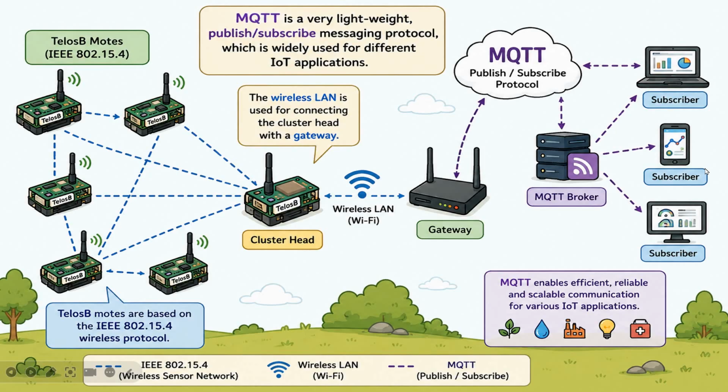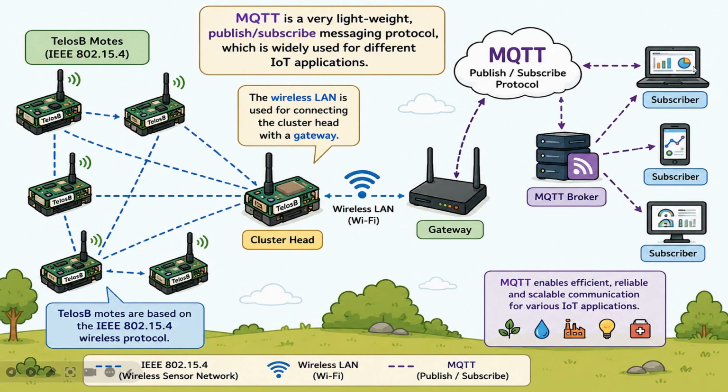Okay, so the publish subscribe model is highlighted clearly, where multiple subscriber devices such as laptops, smartphones and desktop computers will receive the updates from the MQTT broker without directly communicating with the sensor nodes.